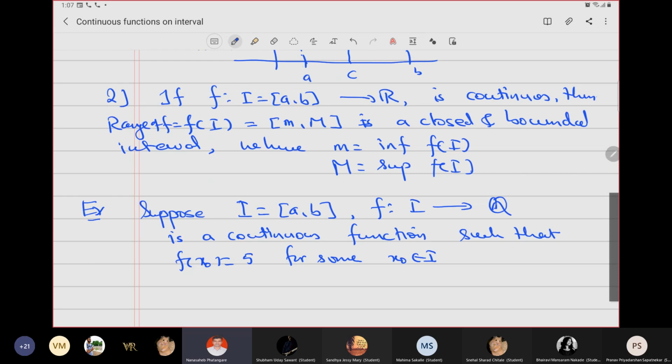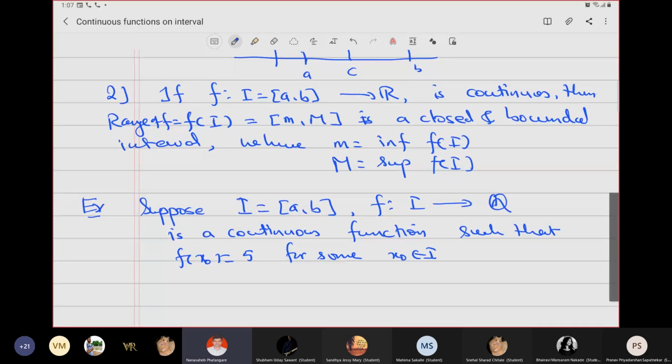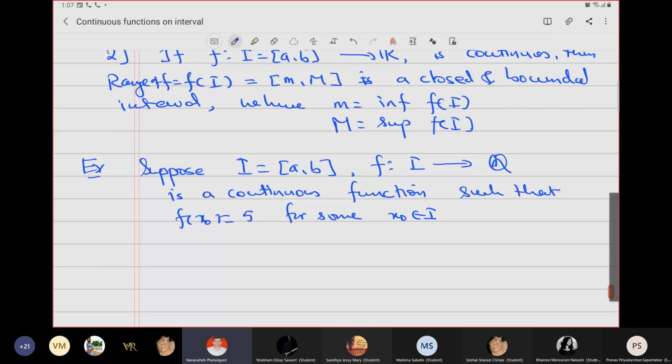At some x0 the value is 5. What about the values of the function at other points? Can you get any information?